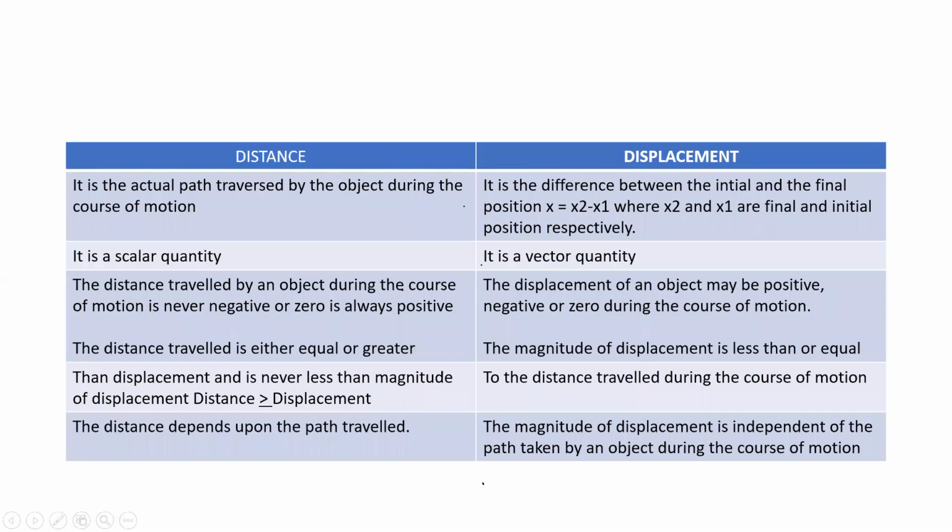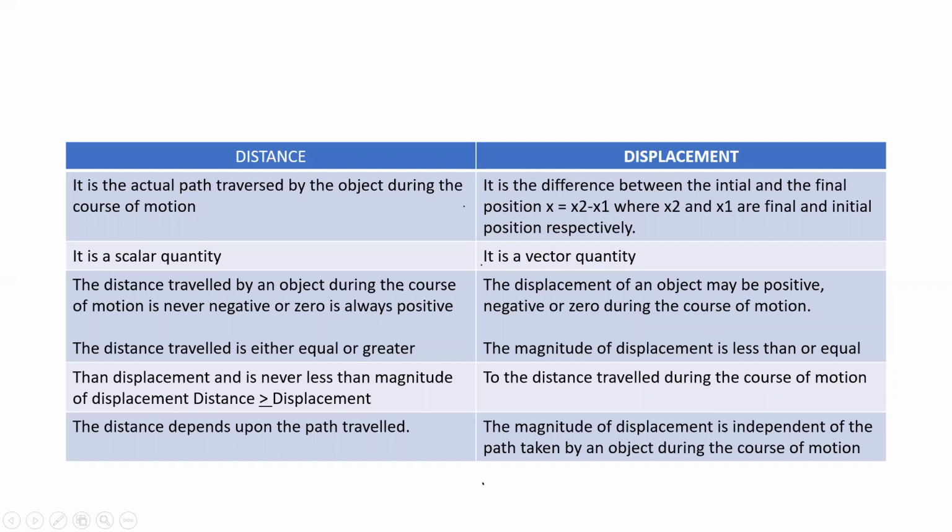Here you can see the difference between distance and displacement. Distance is the actual path covered by the body. The first point is the definition itself: the actual path traveled by the body during the course of motion is called distance.